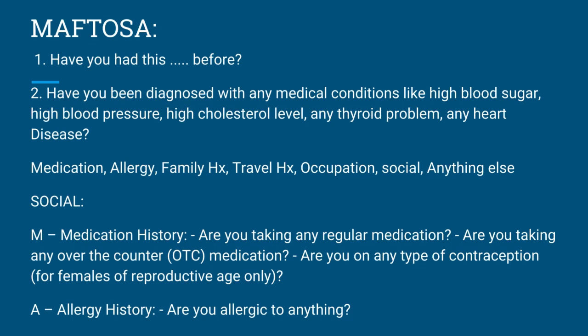So M stands for any medications or medical conditions that the patient is suffering from. You can ask a simple question such as, is there a medical condition that you have been diagnosed with? And are there any medications that you're taking regularly? Any medications that you've been prescribed, or any over the counter medications?